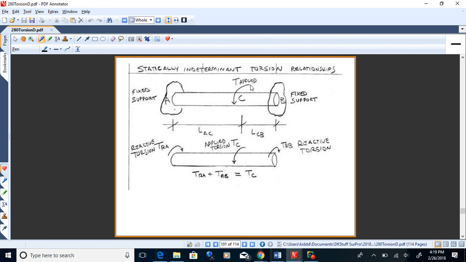Okay, so what's happening here, if we apply a torsion there at C, we're going to have reactive torsions at A and B, and the reactive torsions will add up to get us the torsion at C. That's the basic relationship there. Okay.